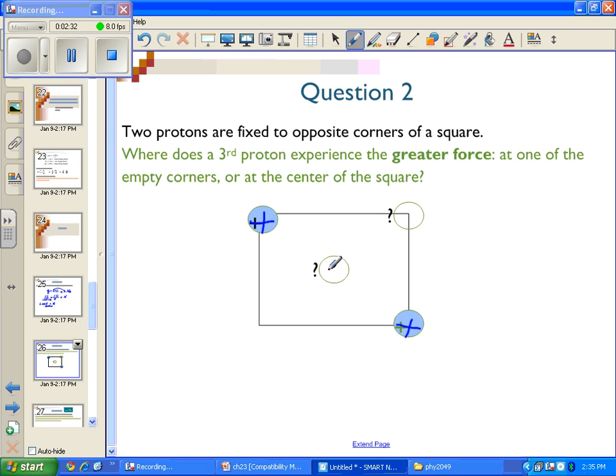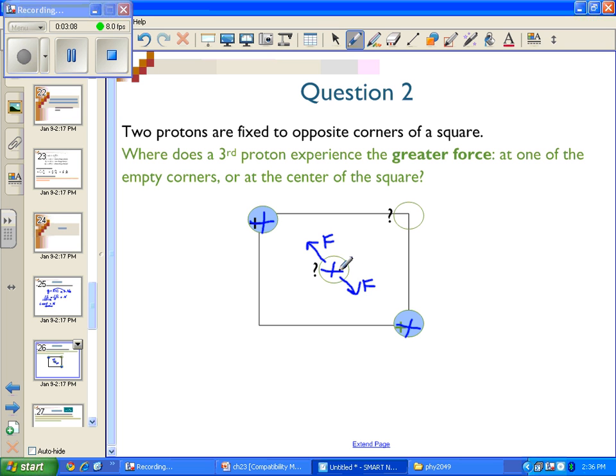Let's just suppose for the time being that we were to put a proton at the center of the square. This proton would feel a force of repulsion due to this proton, directed along the line that joins the two charges, but it is also repulsed by the other proton, and so feels a force of the same magnitude in the opposite direction.